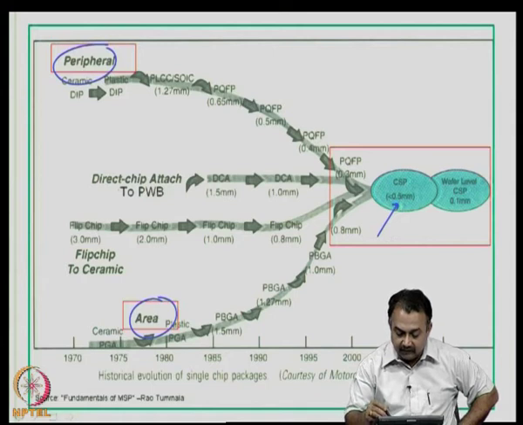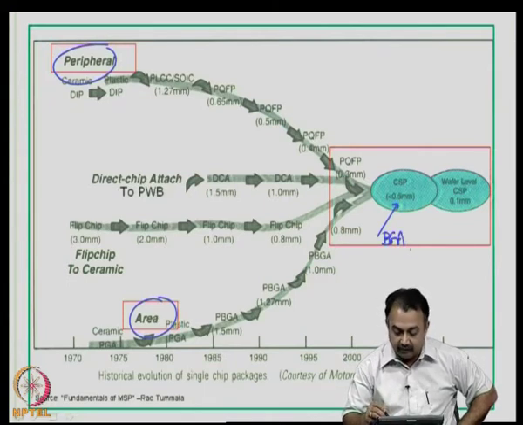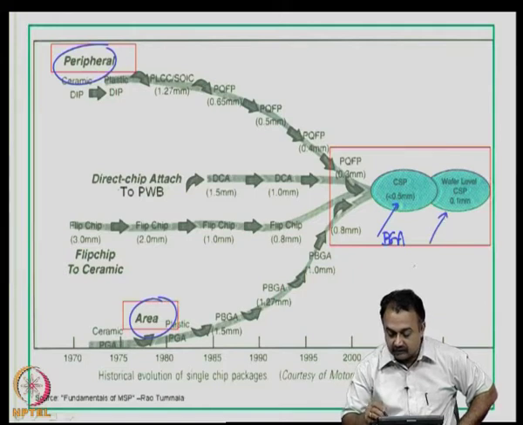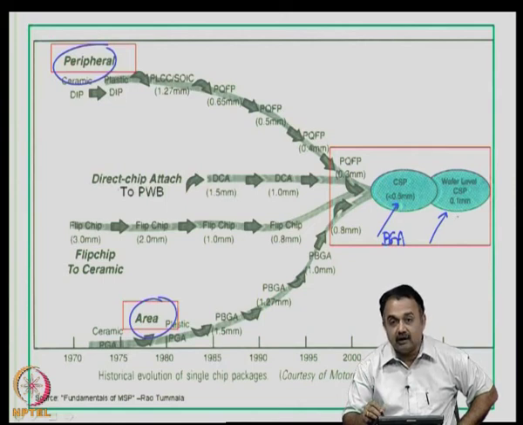But if you look at CSP, the definition or the qualification for a BGA package to be called a CSP is the pitch should be 0.5 mm or lower. Today there are new technologies called wafer level chip size packaging, which has a pitch as low as 100 microns, that is 0.1 mm.